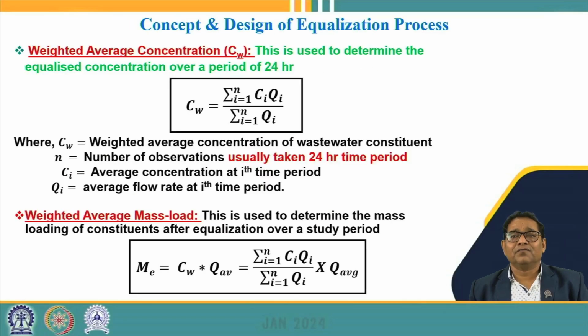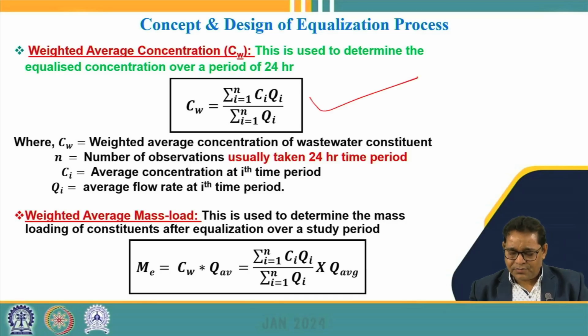So determination of different types of mass loading rate is extremely essential for analyzing the effect of the equalization process in an equalization tank. The weighted average concentration is another parameter, used to determine the equalized concentration over a period of 24 hours.